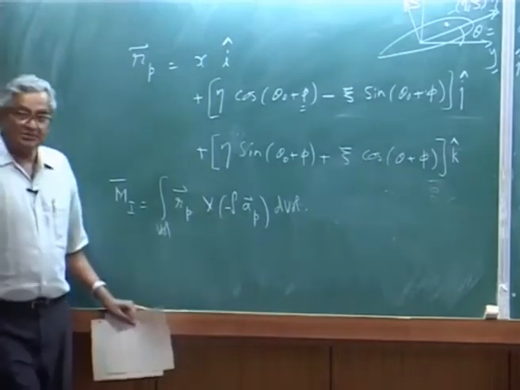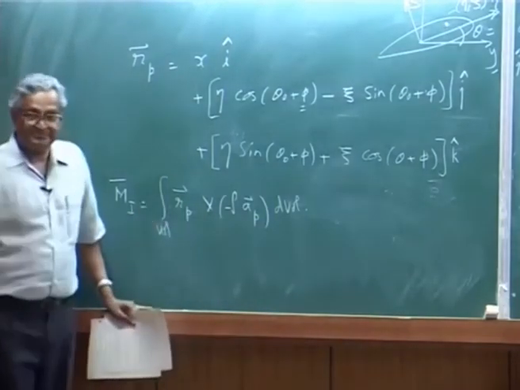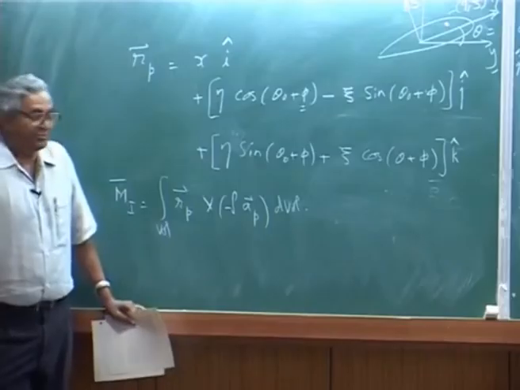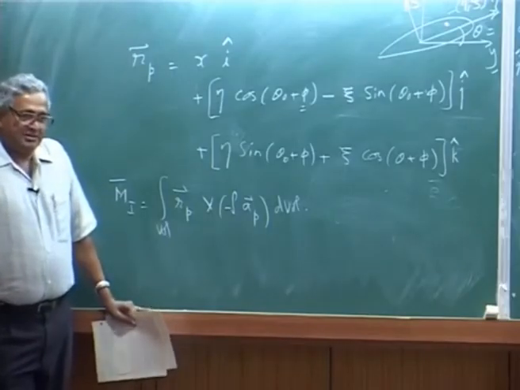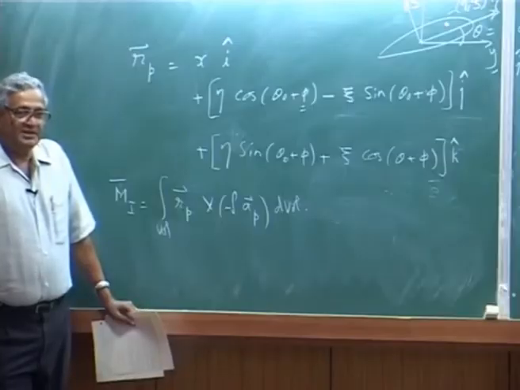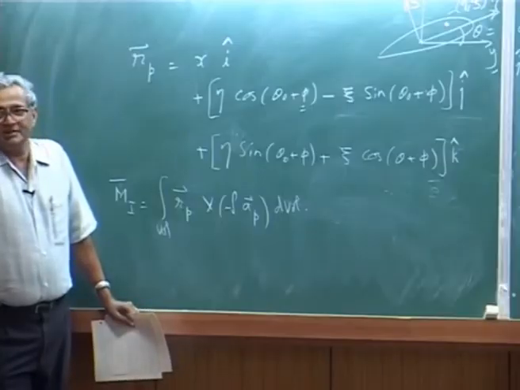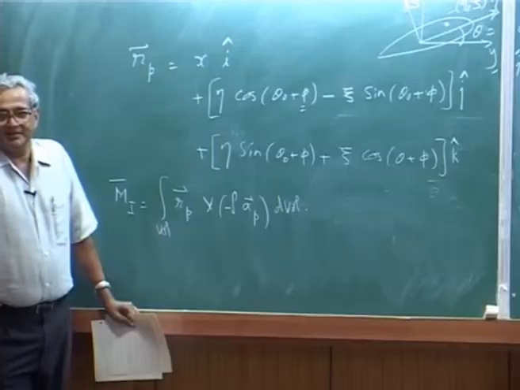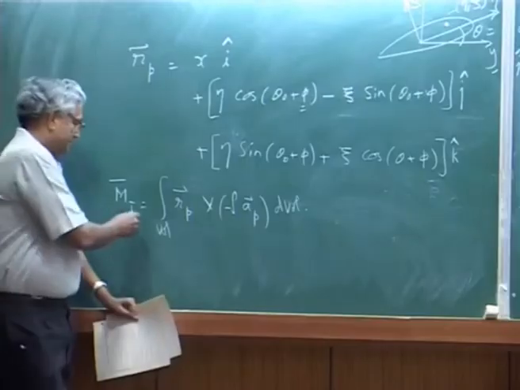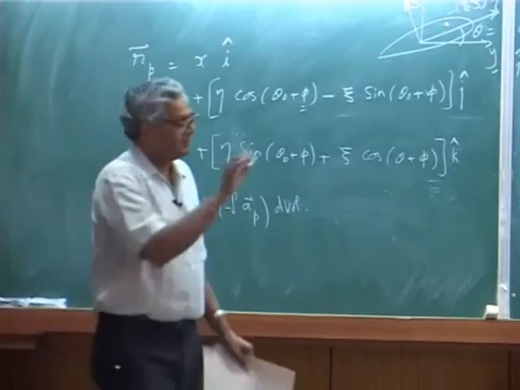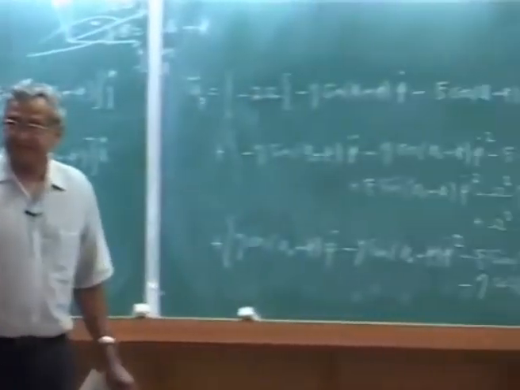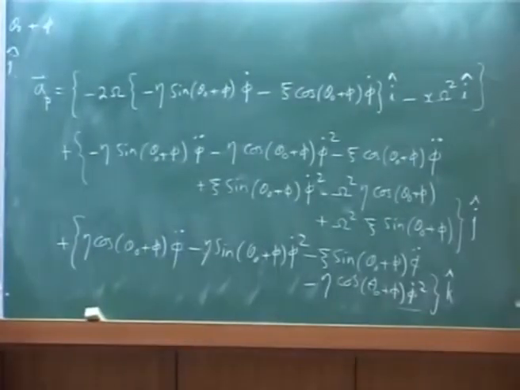Now you take this cross product; I am not going to write all the terms. You will have i, j, k components. Because we are interested only in the torsional motion, we need the inertia moment only about the x axis.